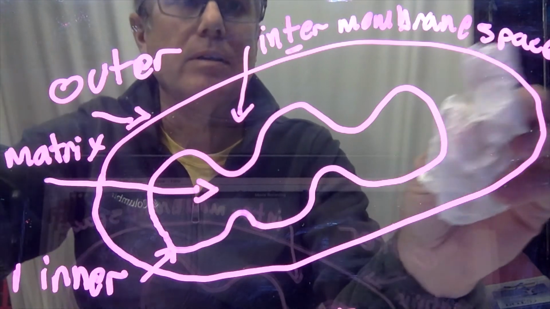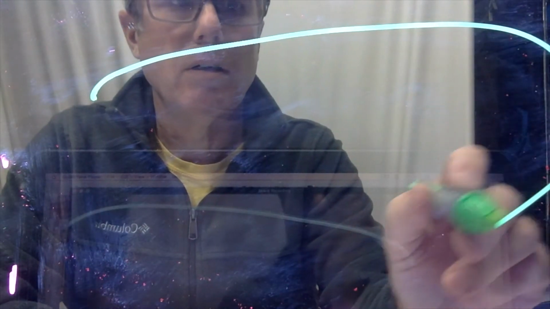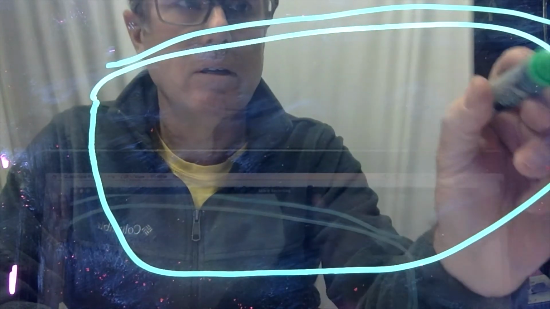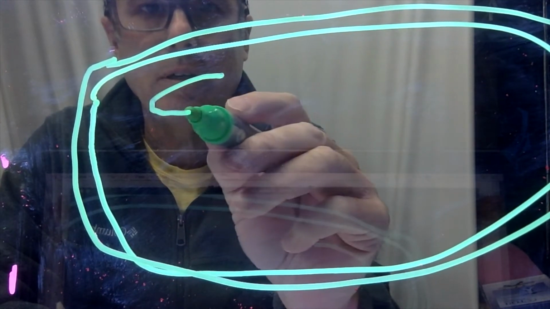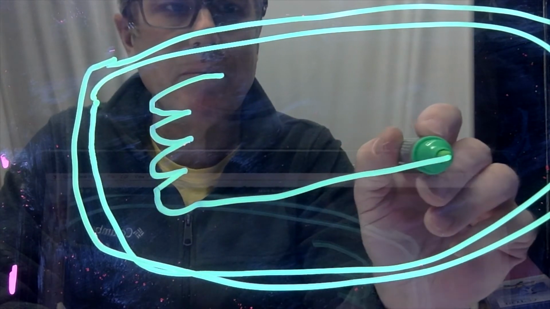That sort of thing. Okay, let's now, if I would, chloroplasts have 3 membranes. 1, 2, and then the third one is the thylakoid membrane. That's the innermost membrane.